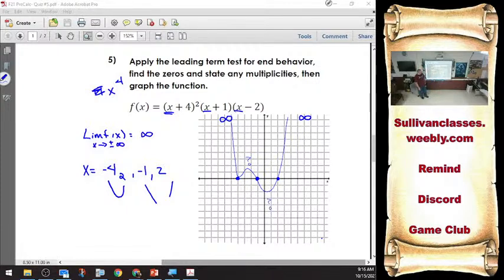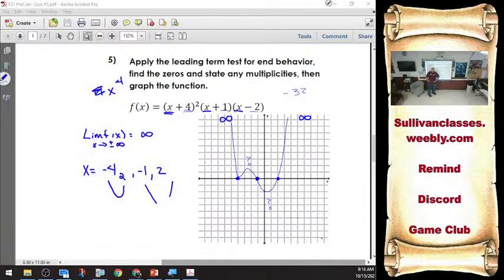Well, actually, 4 times 4 times 1 times -2. If my leading term is going to be x to the 4th, I know at the end I'm going to have a -32. So I know my y-intercept is like down there. So go find your extrema.